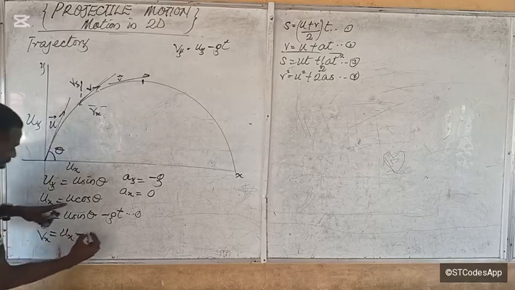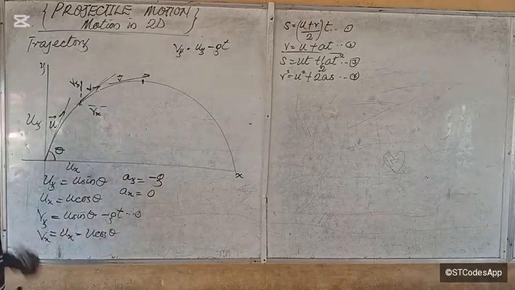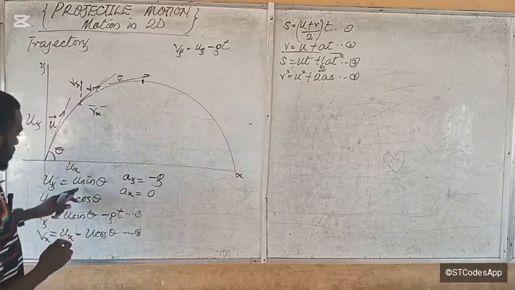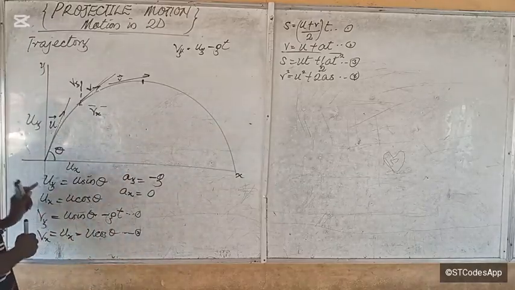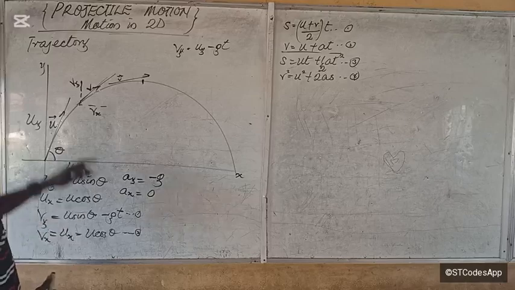And what is u sub x? That is u cosine theta. So u sub x is u cos theta. Let's call this equation 2. I did not name these as equations because they are just notations that represent u sub y and u sub x.